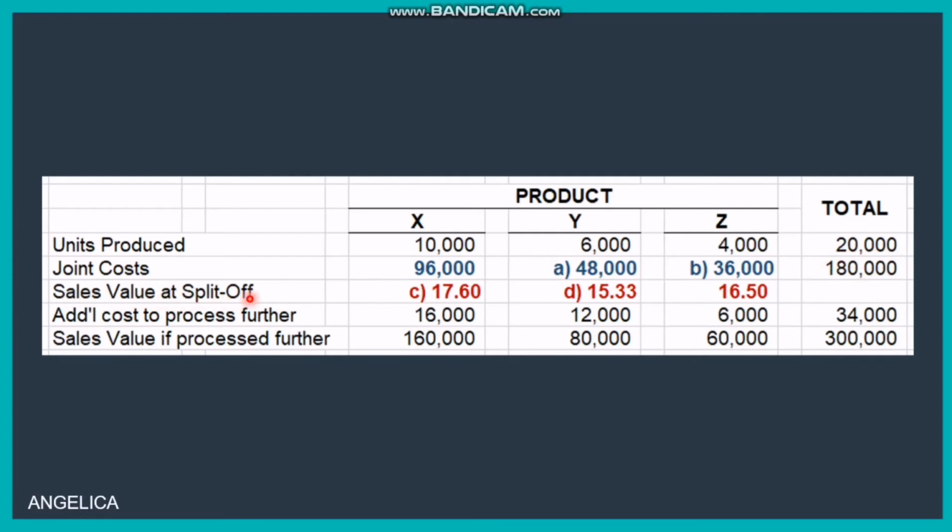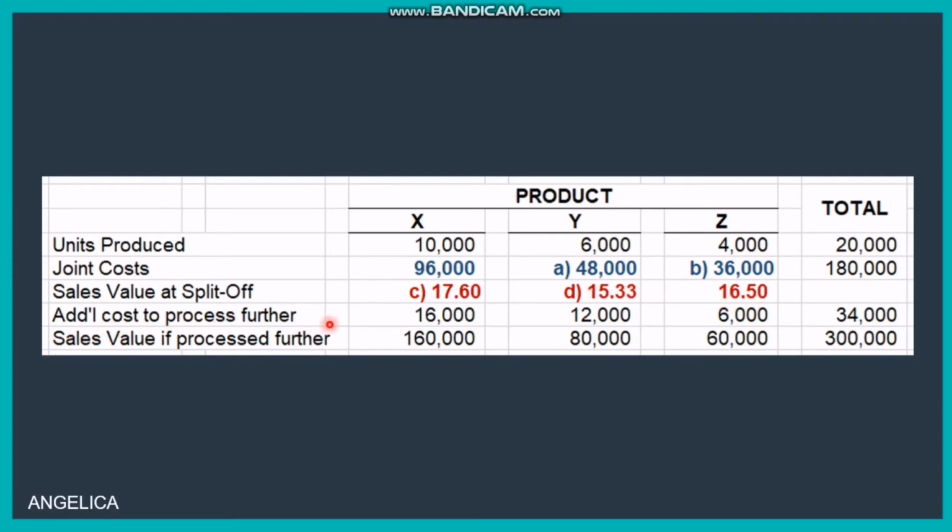For its sales value at split off, we have products X, Y, and Z at 17 pesos and 60 cents, 15 pesos and 33 cents, and 16 pesos and 50 cents respectively.